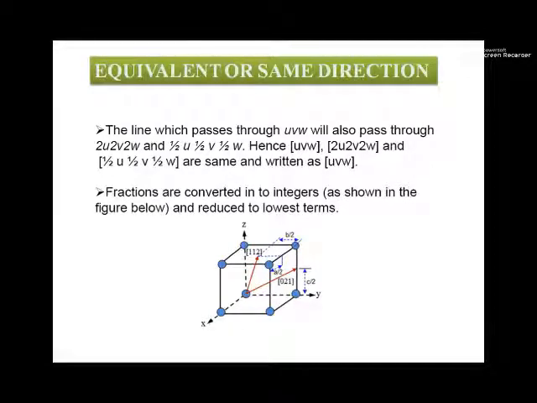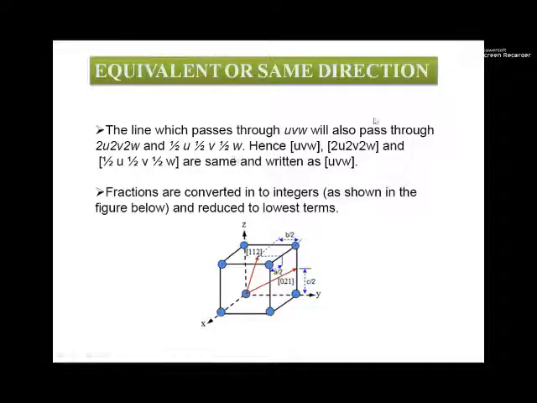So how could you choose an equivalent or the same direction? Now you take 2 or 3 vectors. One is just u v w, so it passes through the u v w point. Now another one chooses 2u 2v 2w and another half u half v half w.